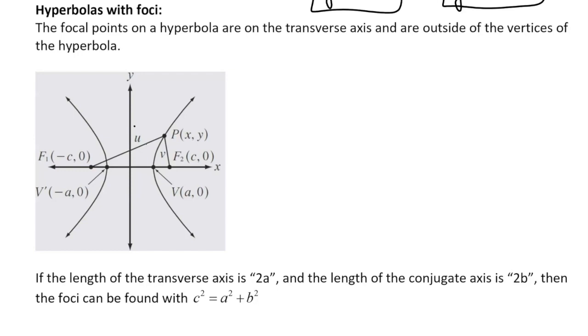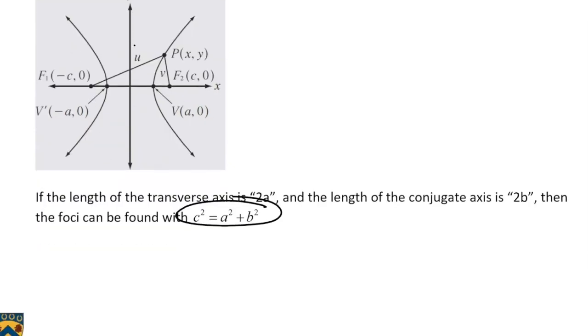If you wanted to come up with a clean formula for that, eventually you get c squared is going to be equal to a squared plus b squared, where once again c is talking about the foci, a is talking about, in this case we won't say major axis because that doesn't exist, so we'll say this is going to be the transverse axis, the axis that joins the vertices together, and then b, the conjugate axis.